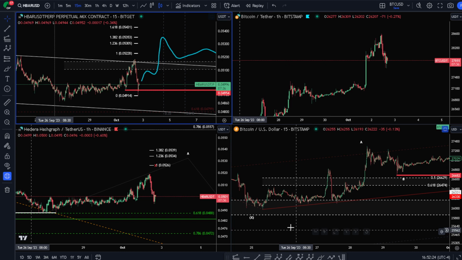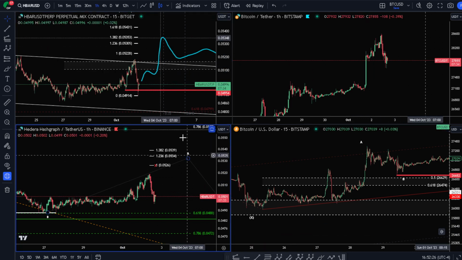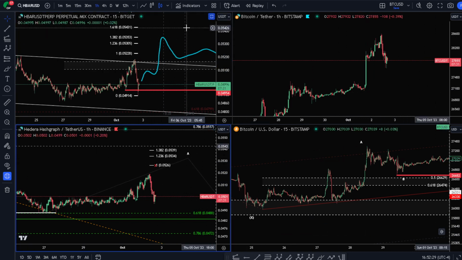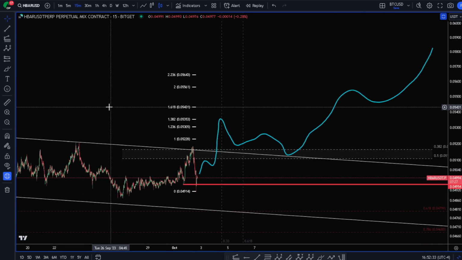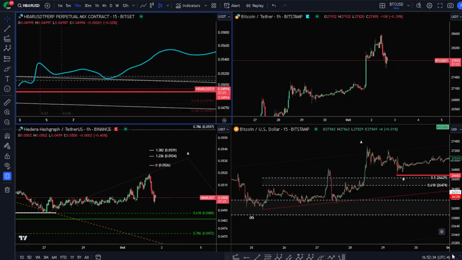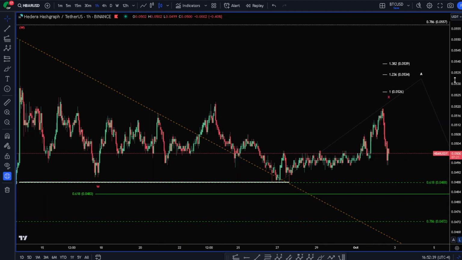So on HBAR, all that would do, hang on, I'll label it on Binance since that's the chart I'm using for most of the videos.